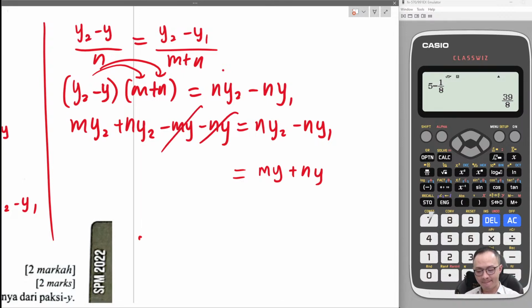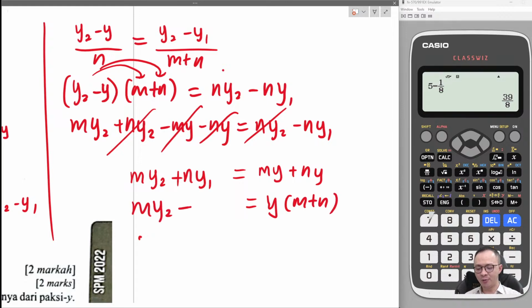Solve these two. Then if I move this one to the other side, this one and this one I can minus. So this one will be my2 minus ny1. Then it becomes plus when moved to the other side. If I take out the y, I get m plus n. So my2 plus ny1, so y equals my2 plus ny1 over m plus n.